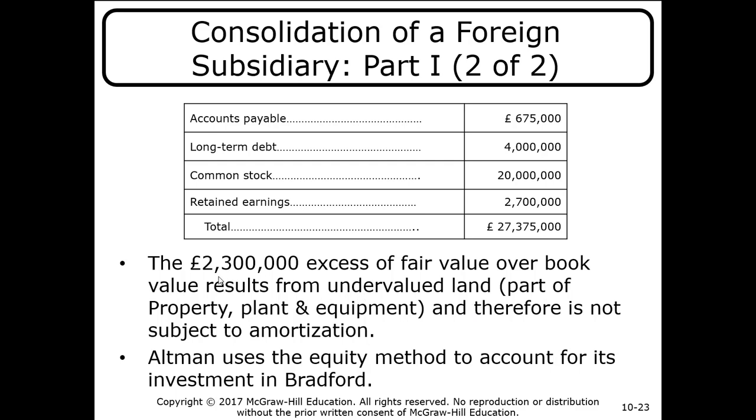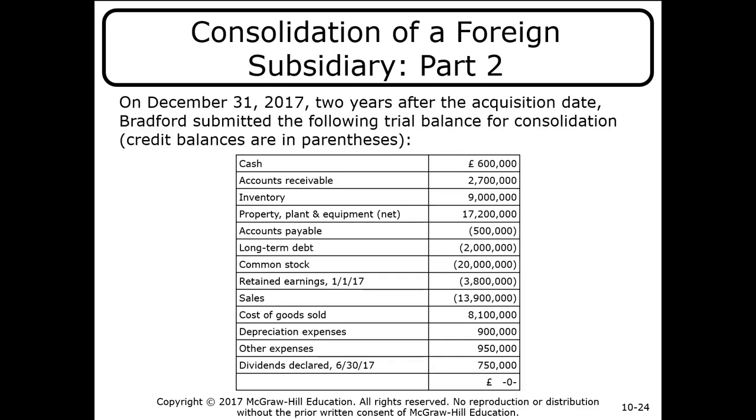So there was a 2.3 excess of fair value over book value, and that was all attributed to undervalued land.